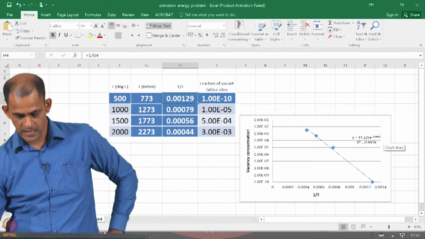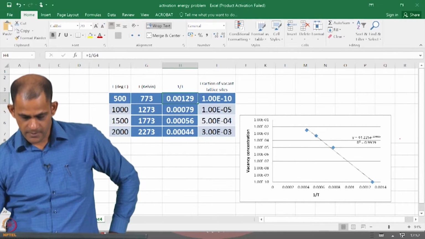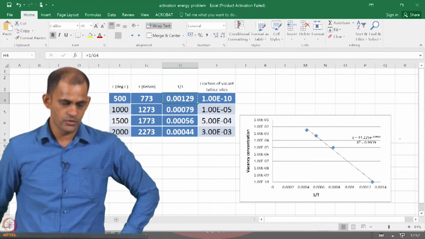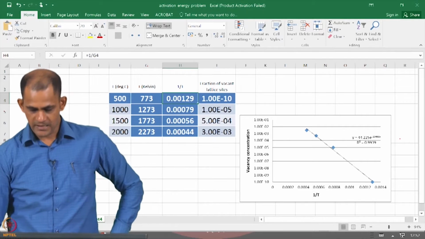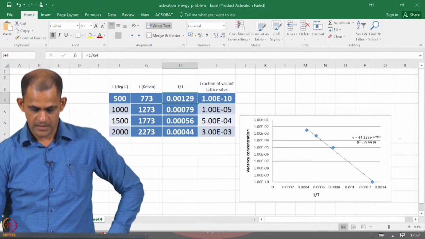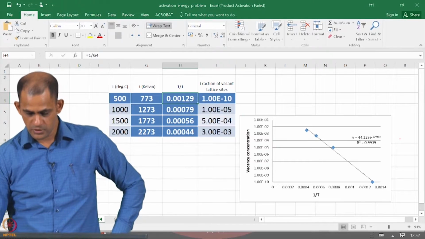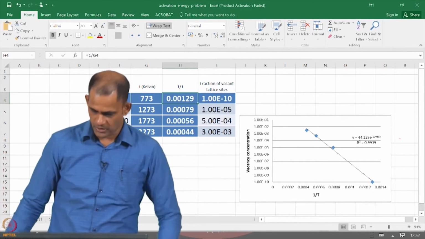If you look at the exponential term, you have minus 20468 into x, and x we know is 1 over T, and so the other term is equal to Q over R. So, 20468 is actually Q over R.